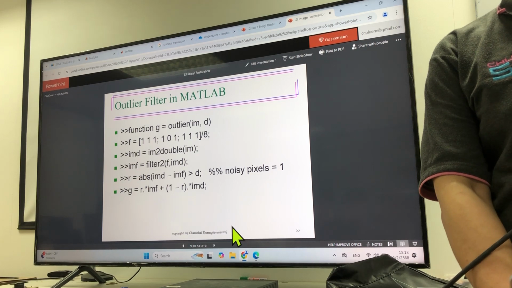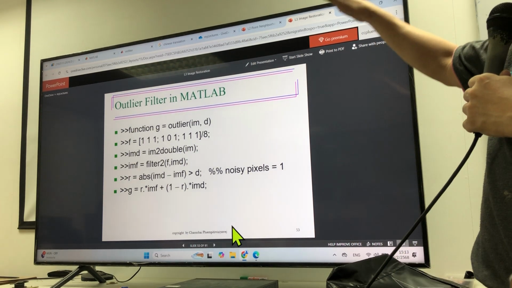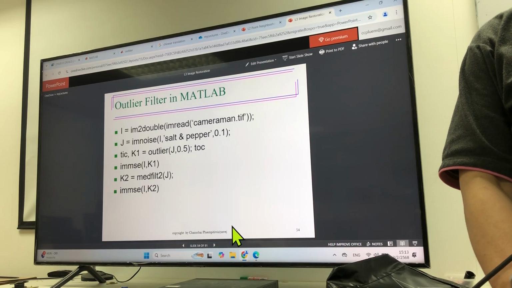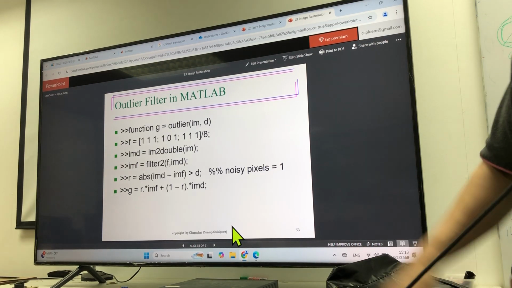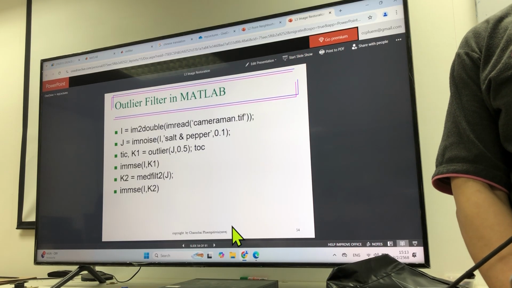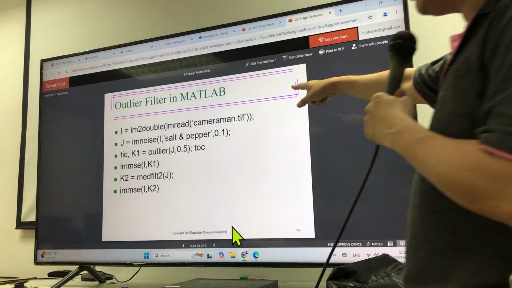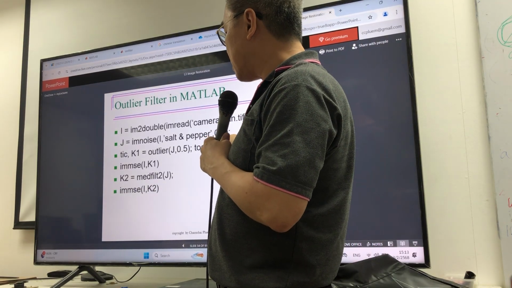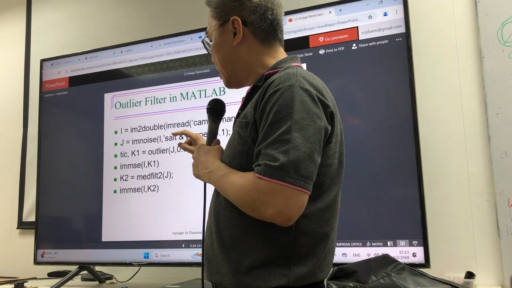Once you write the function, save it as outlier. Then call the image cameraman, add salt and pepper noise, and use outlier.